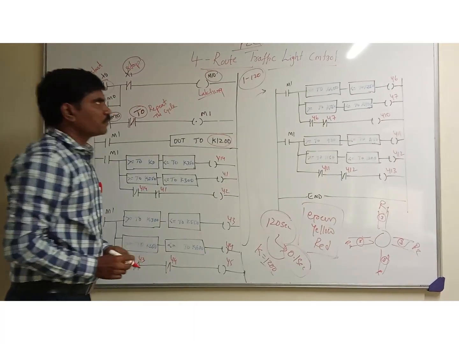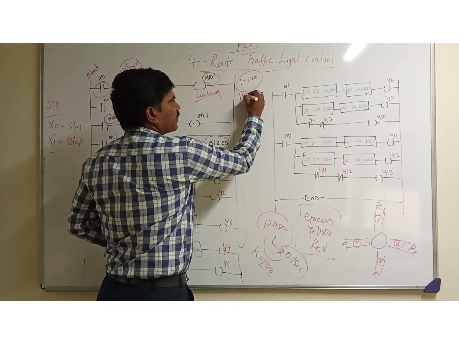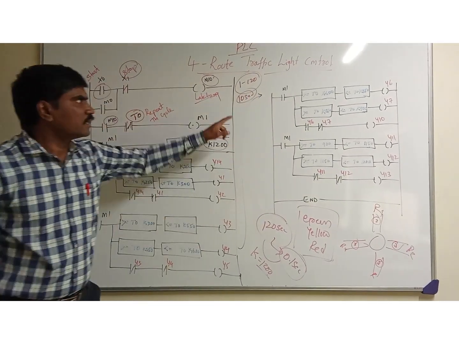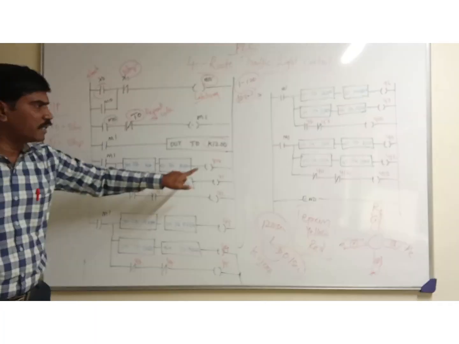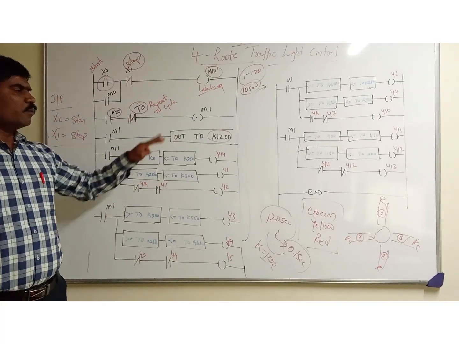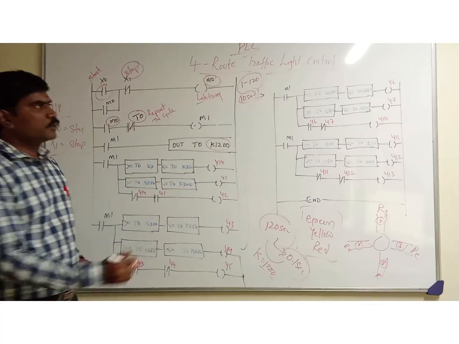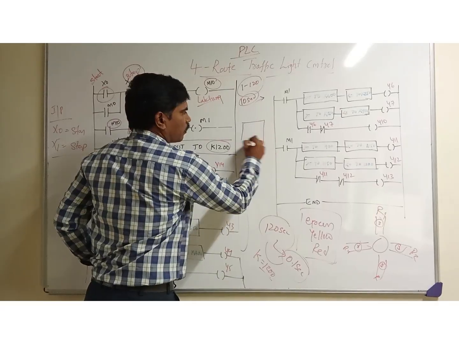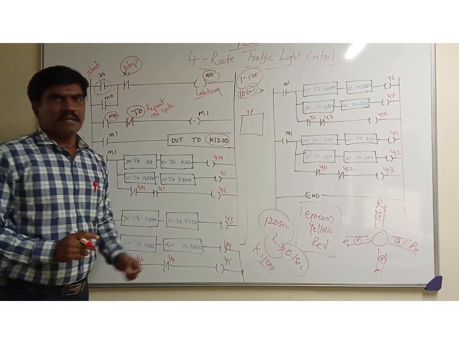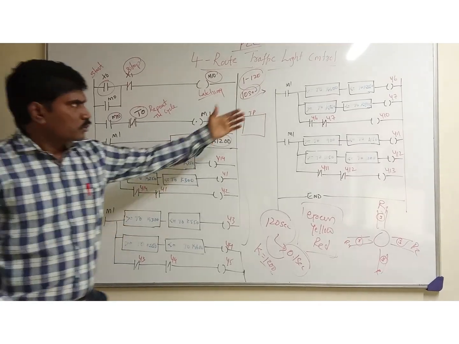In between that, let us take an example of 10 seconds. If it is 10 seconds, that indicates that our green light should be on. It is not only one solution. We have some more solutions, like solving this problem using timer blocks, even TP timer blocks, where we need a timer block for each of routes 1, 2, 3 and 4.